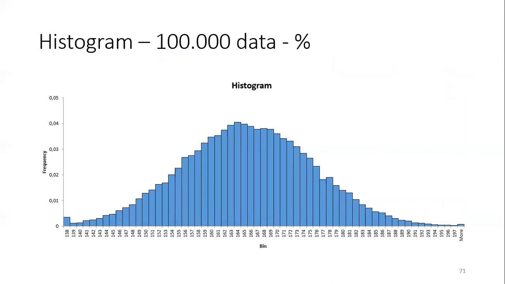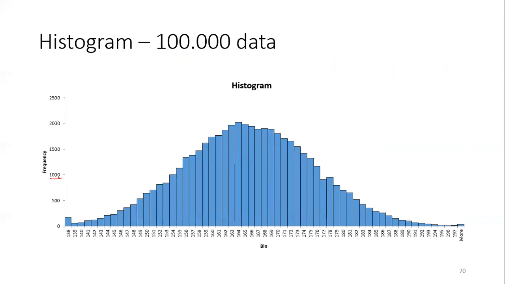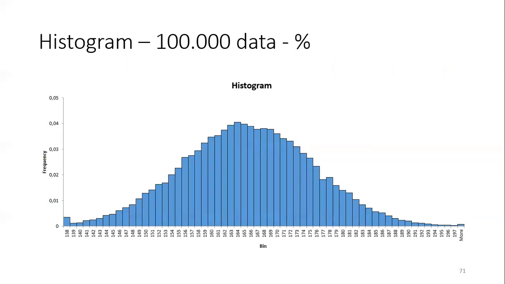And of course, what we can do is instead of writing the frequencies here, like 1500, you can just divide them by the number of data. So these are the percentages.